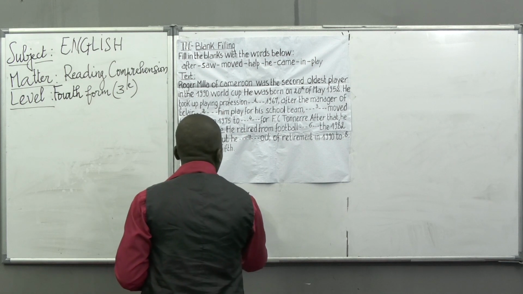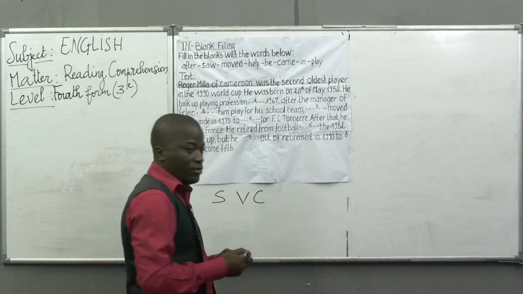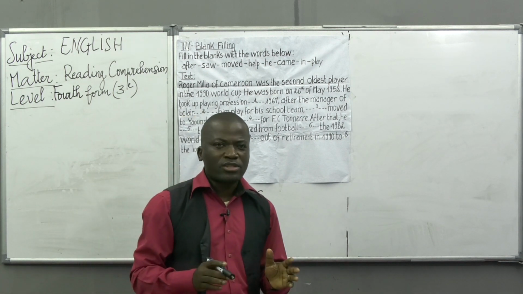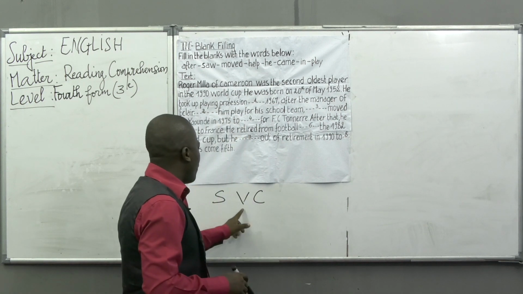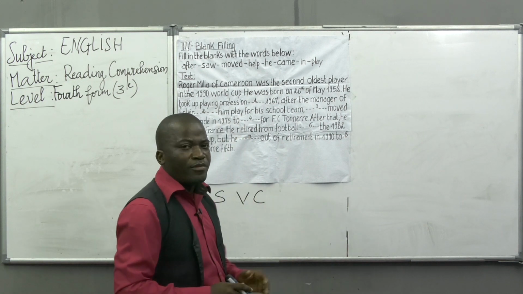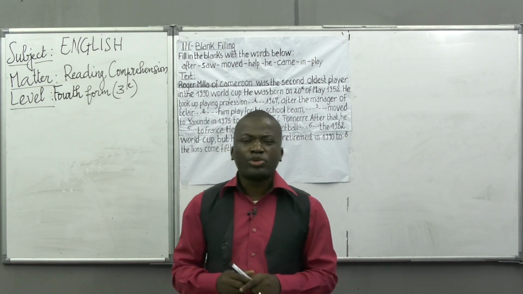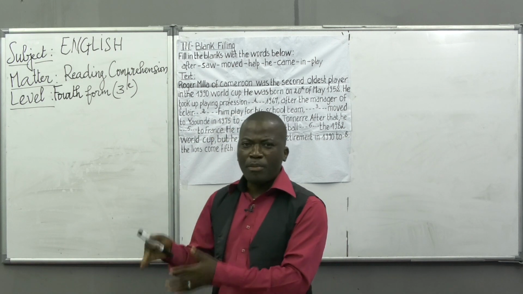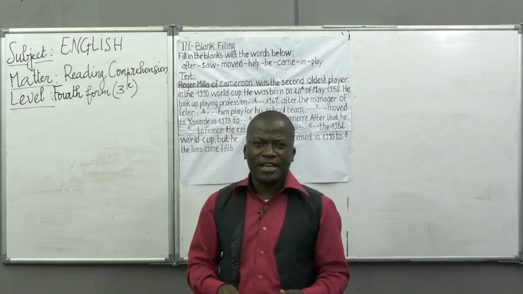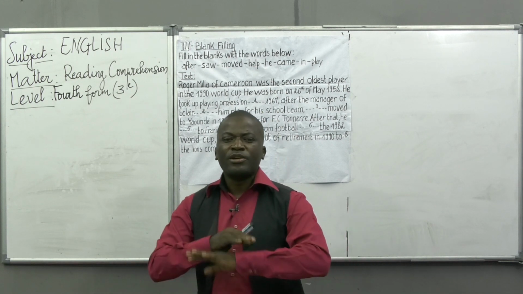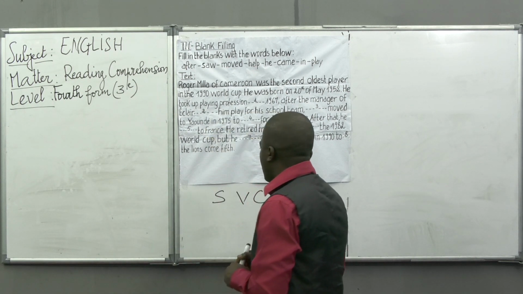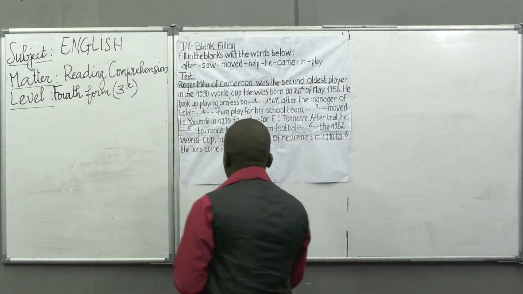Subject, verb, complement. So this is what you should know, class. Subject, verb, complement. You have to respect this order in order to fill the appropriate word in the appropriate place correctly. Otherwise, you will be wrong. Good. Let me give you an example.